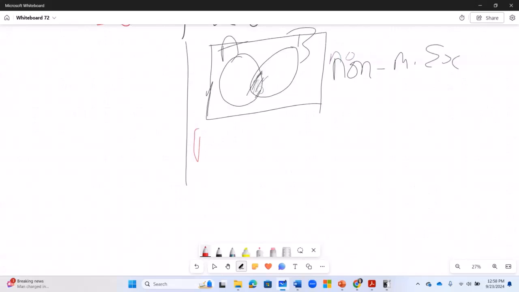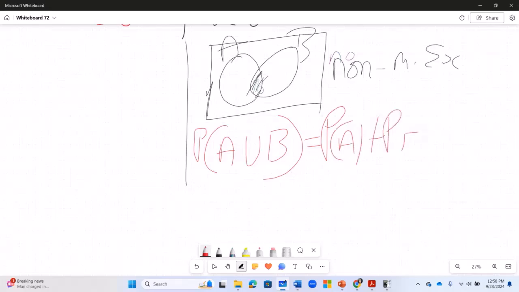So I can say the probability of A union B in a non-mutually exclusive event is equal to probability of A plus probability of B minus probability of A and B, its intersection.